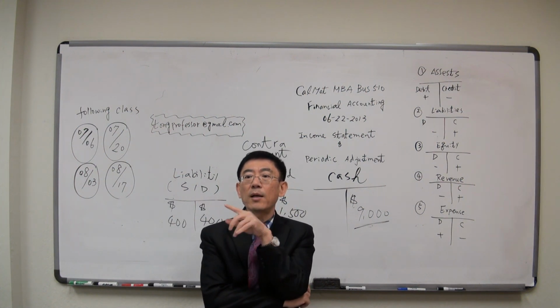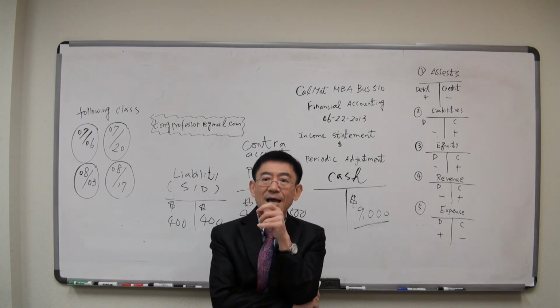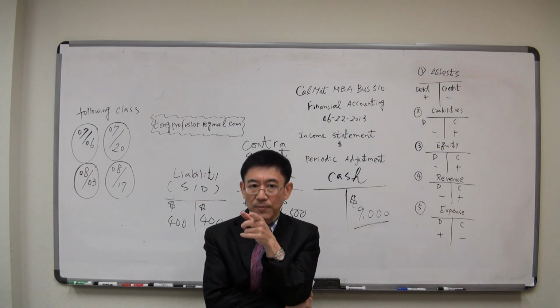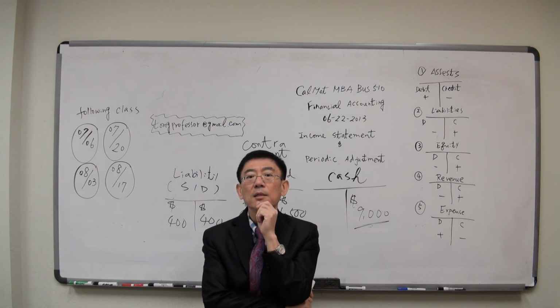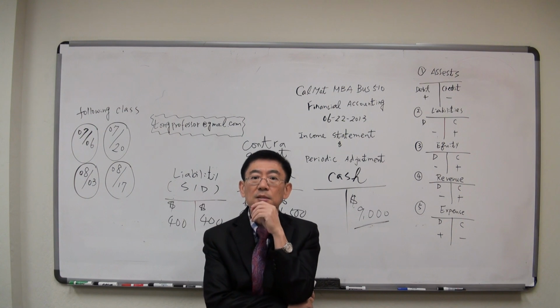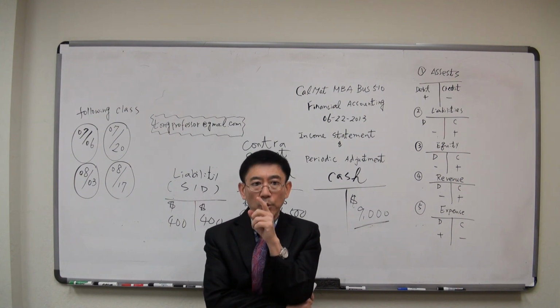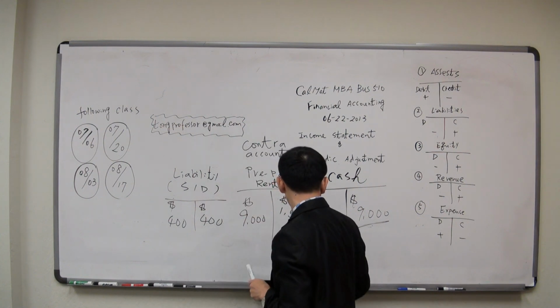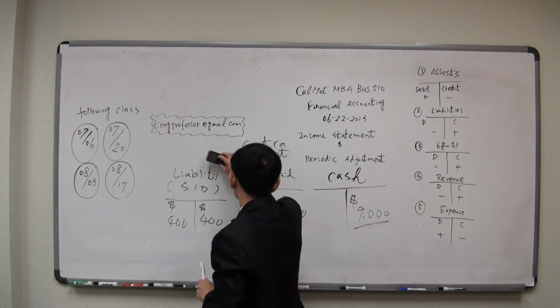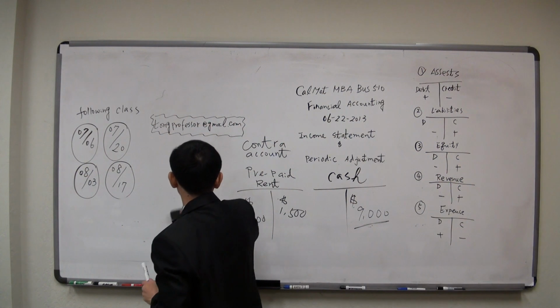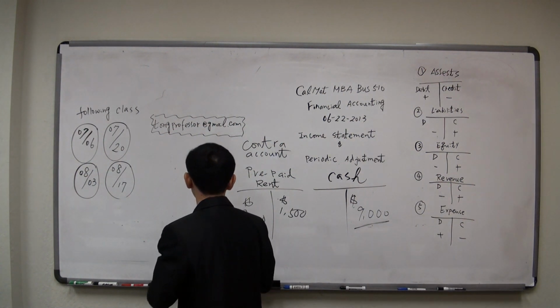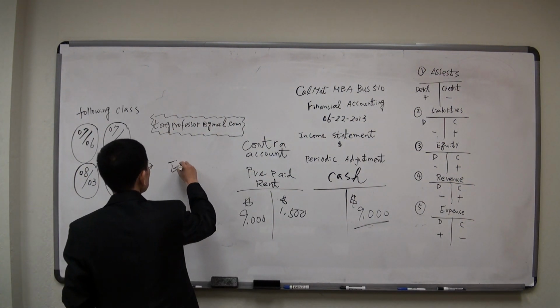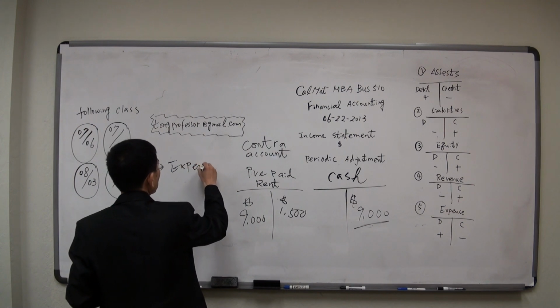So again, step 1 of analysis: what's the name of that account? Expenses. You can say rental expenses. Right now we recognize expenses. So does everybody agree so far?